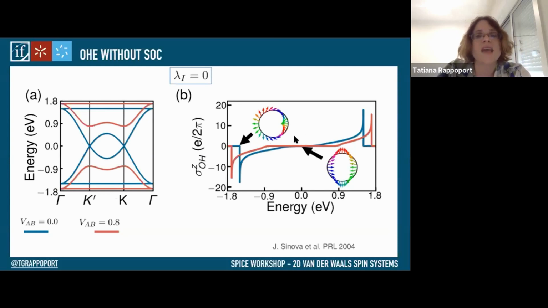So there is an onset of this orbital Hall effect that begins to appear when this in-plane orbital texture begins to be felt by the electrons. So this is very similar to other systems where you can have spin Hall effect with spin textures, for example.